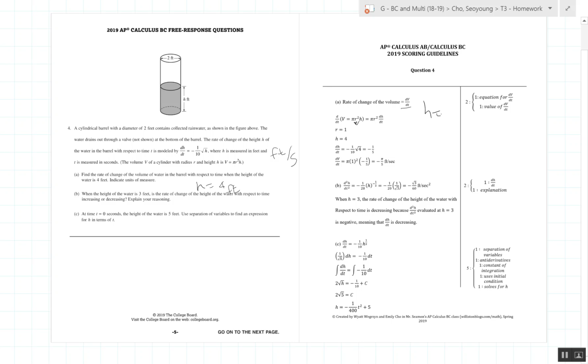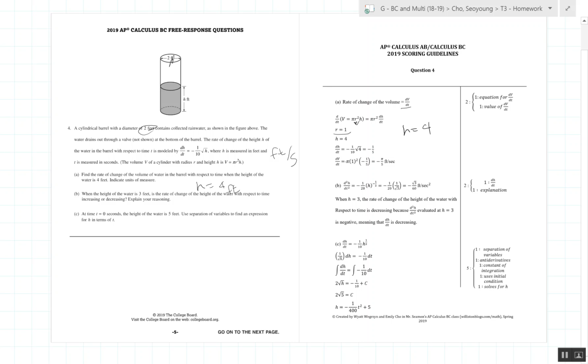When h equals 4, and the radius is always 1 because the diameter is 2 feet. So radius is 1.